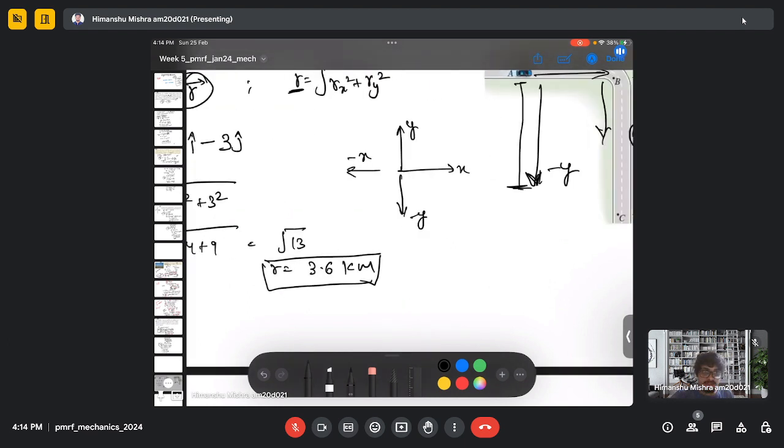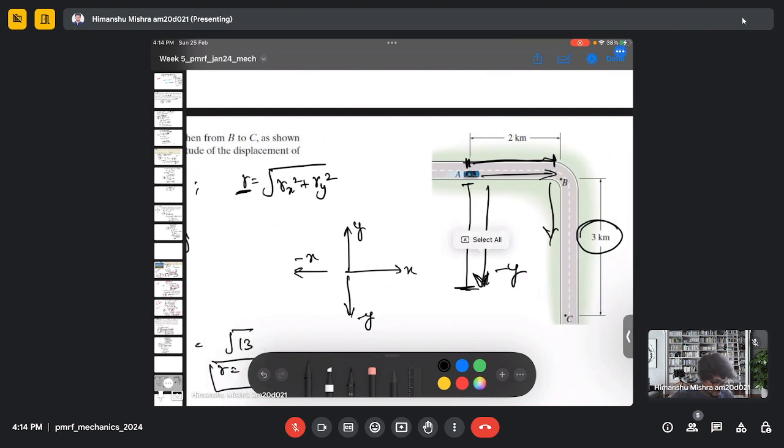Now to calculate the distance, we just need to add these two quantities. For example, first car moves from A to B, which is 2 km. So from here to here, car actually covers 2 km. Then from point B to point C, it covers additional 3 kilometers. So first it covers 2 km, then it covers 3 kilometers.